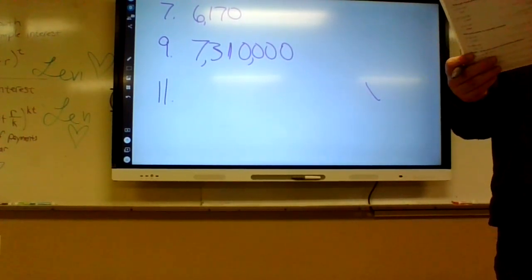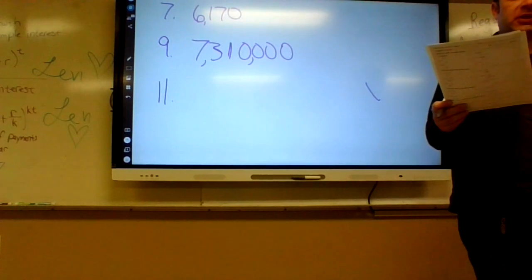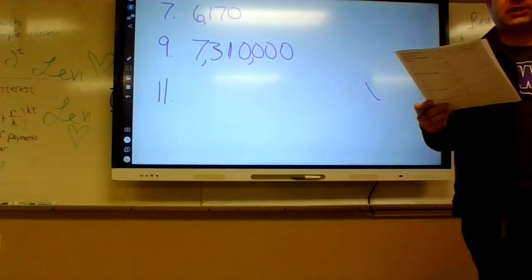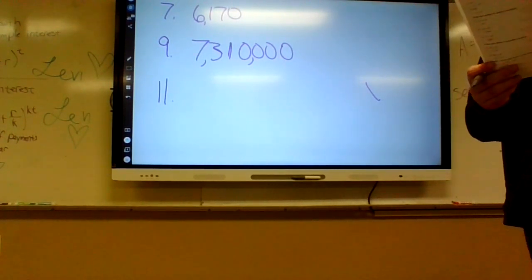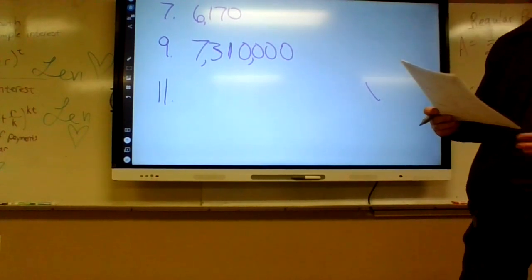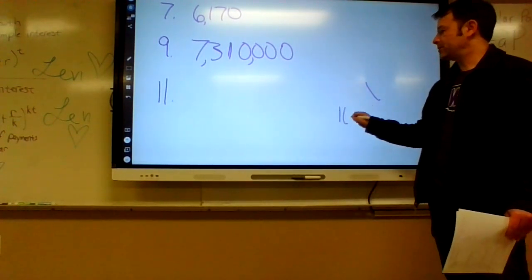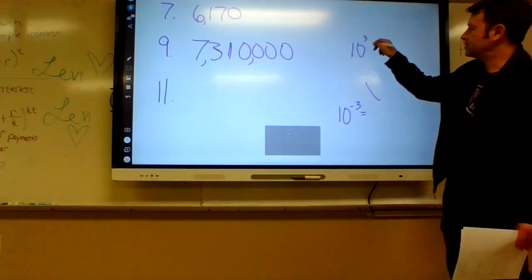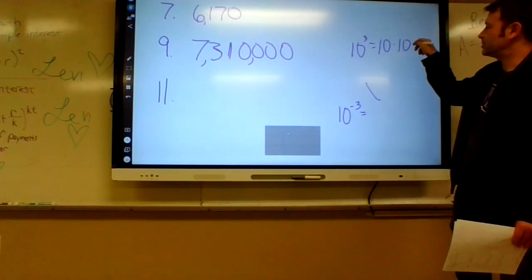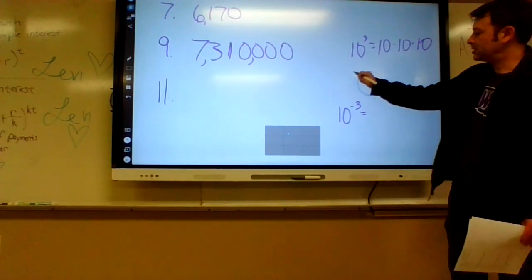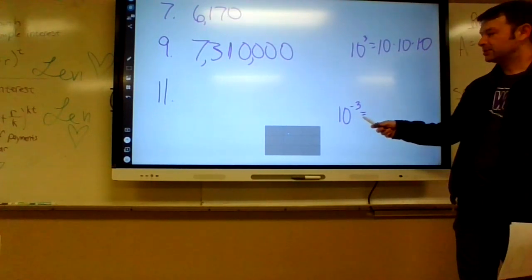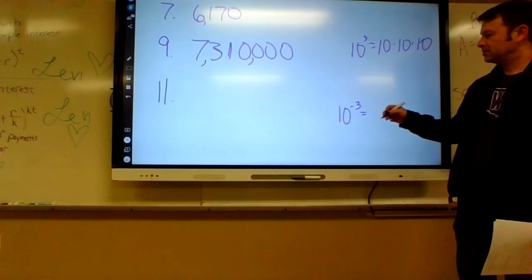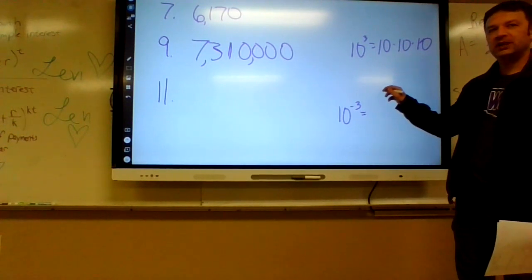So that moved it to the right and made the number bigger. On 11, we have a negative exponent. So, you guys remember what 10 to the negative third means? 10 to the third means 10 times 10 times 10, right? But what does 10 to the negative third mean? What does negative exponent mean?